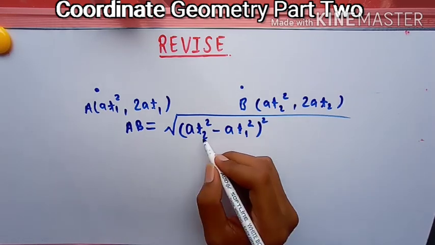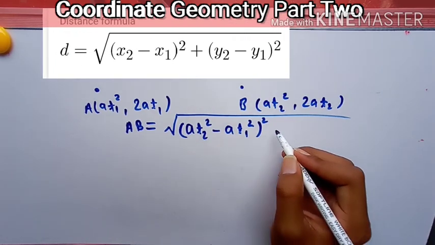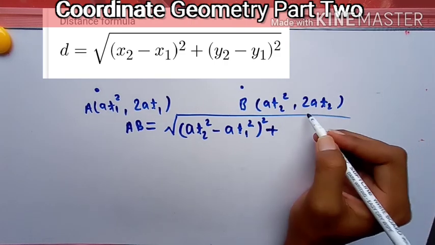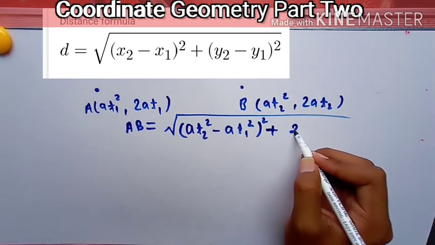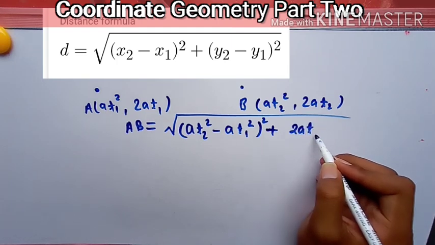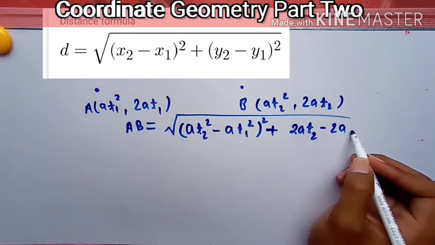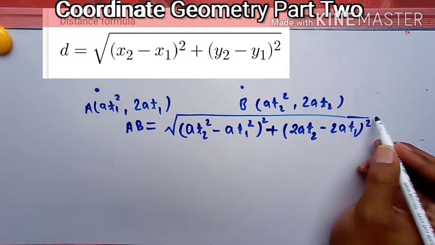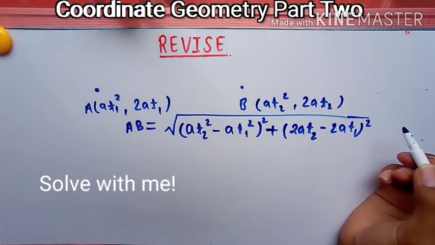Okay, x2 minus x1 whole square. I am just using the formula, plus 2a t2 minus 2a t1 whole square. Is it okay? Do it along with me. You will feel very comfortable with this one.